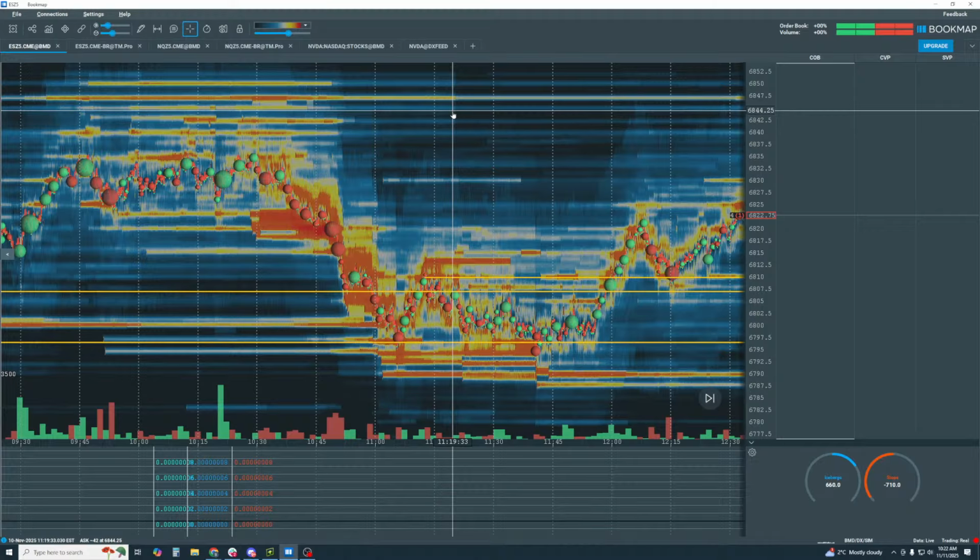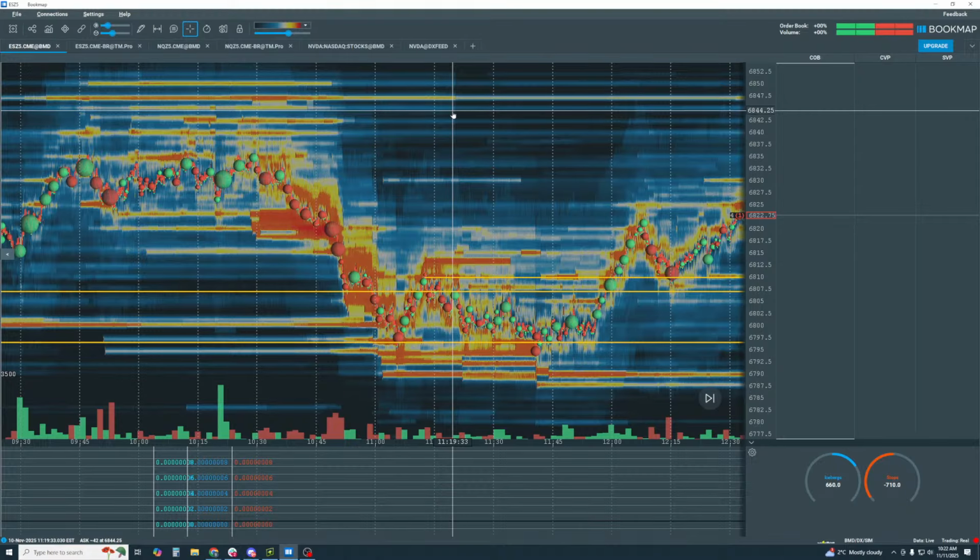So instead, it just kind of chops around and accepts higher or accepts lower, and then you get a continuation move. Okay, so you get a strong impulse move, it chops around, you're looking for that reversal, but it doesn't follow through, and then in the bigger picture, what you do is you get a continuation move.